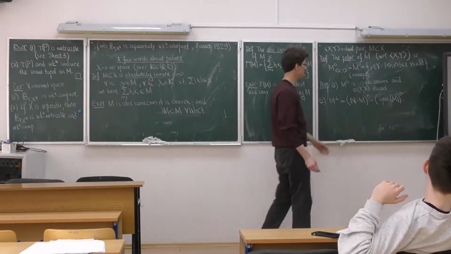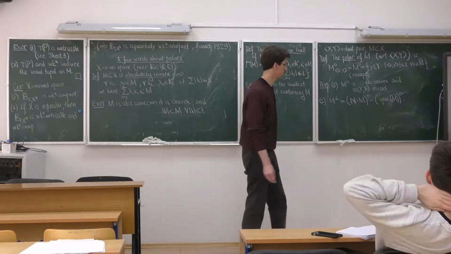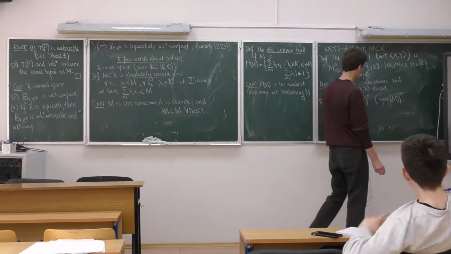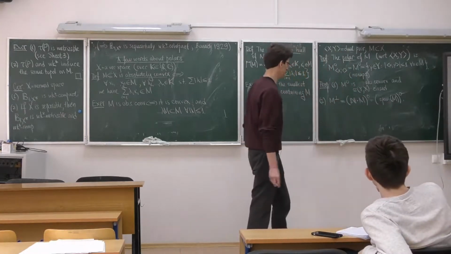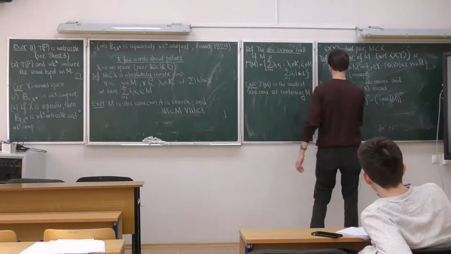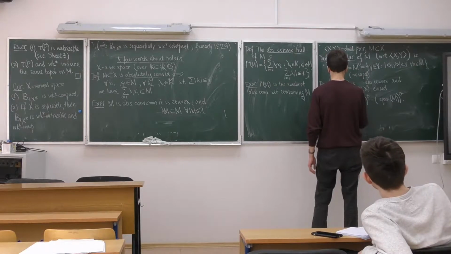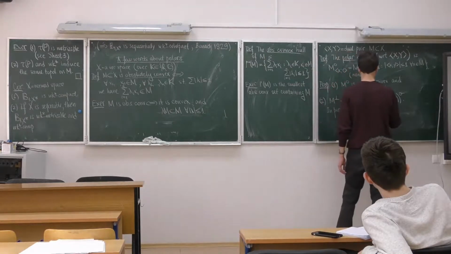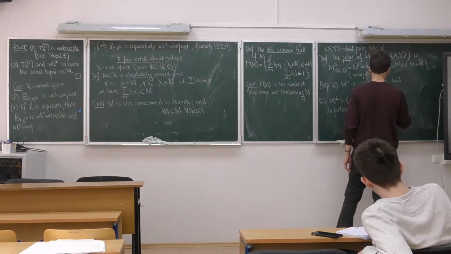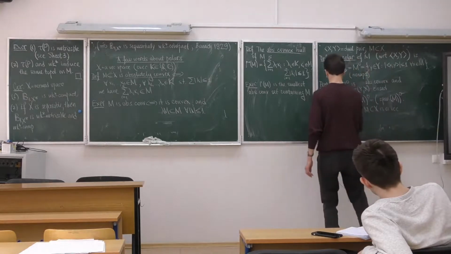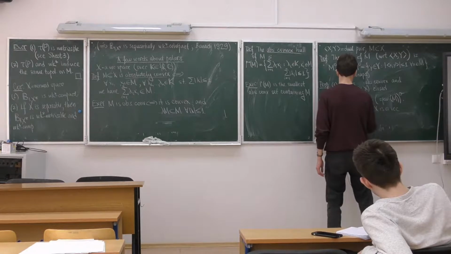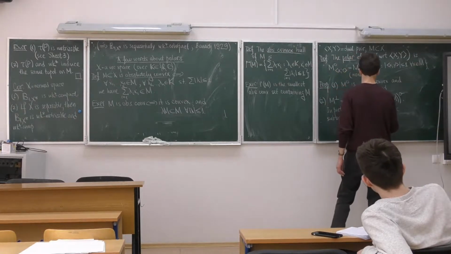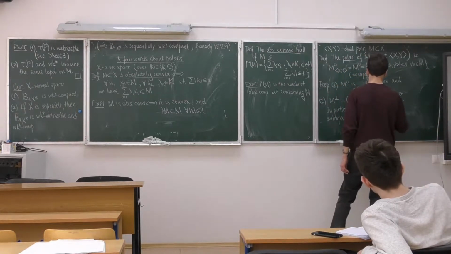That is, if and only if little y sits in the annihilator. So this is a relation between polars and annihilators. And in particular, we see that if M is a vector subspace of X, then the polar and the annihilator are the same.